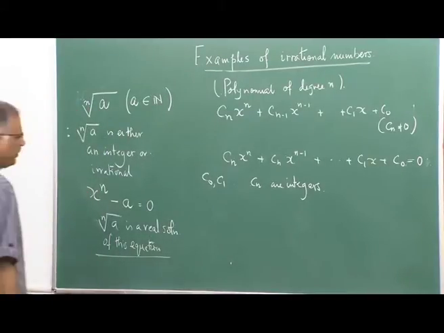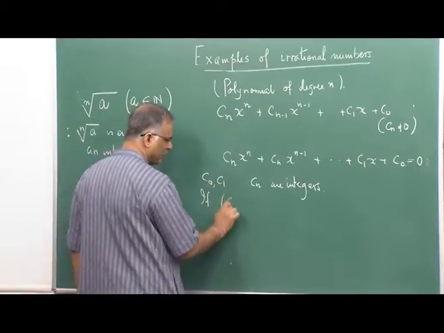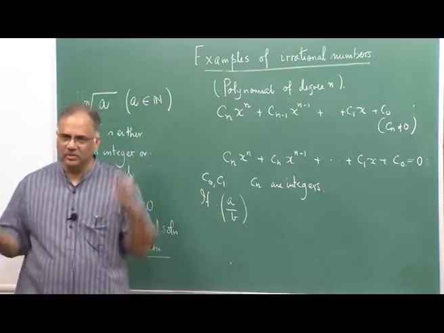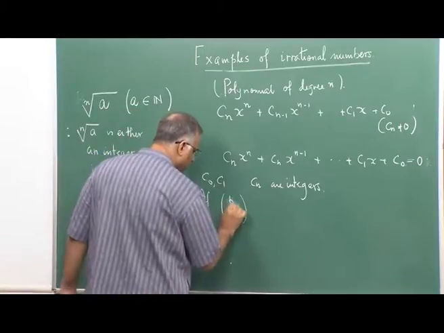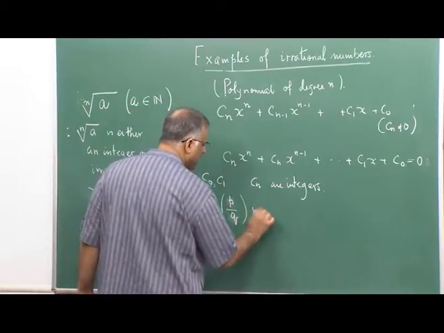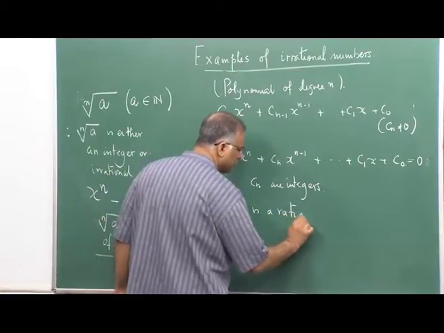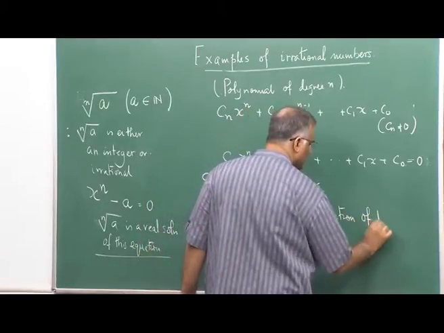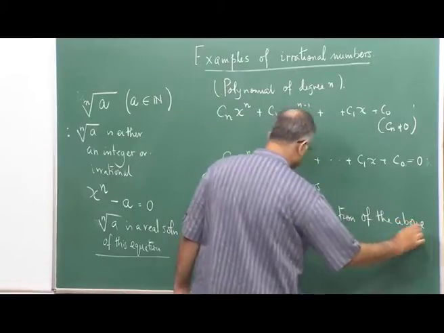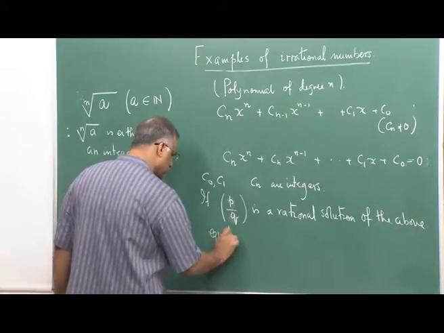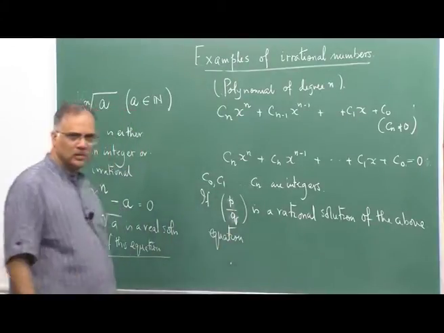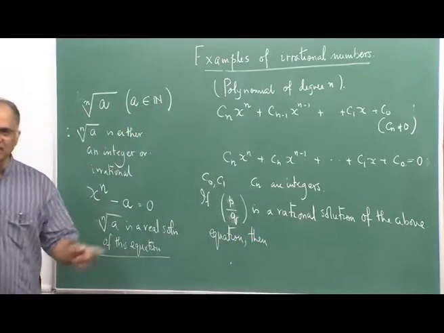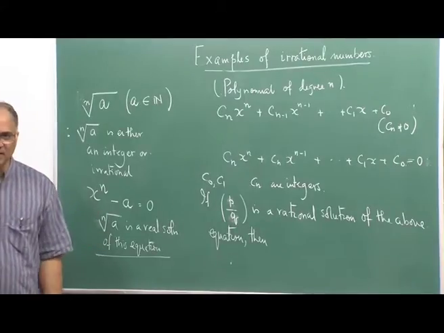The result says that if A by B, or if you want to say P by Q, where P and Q could be negative or positive, does not matter, is a rational solution of the above equation, then P divides C0 and Q divides Cn.